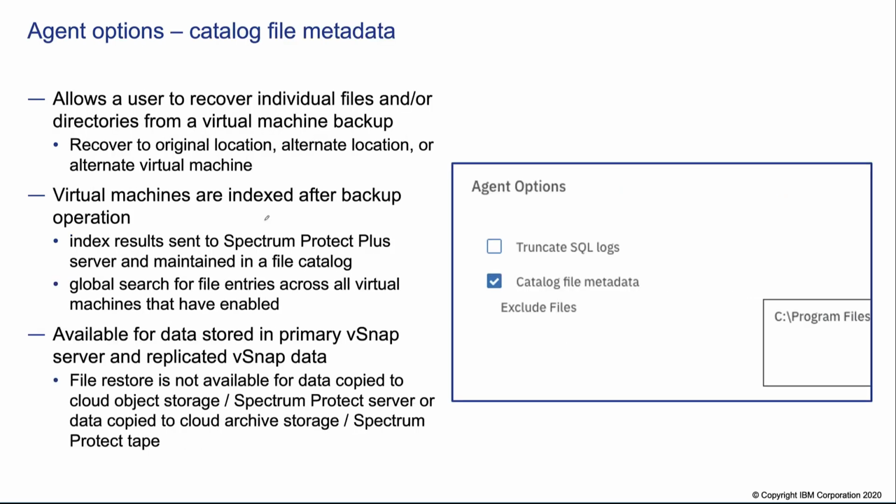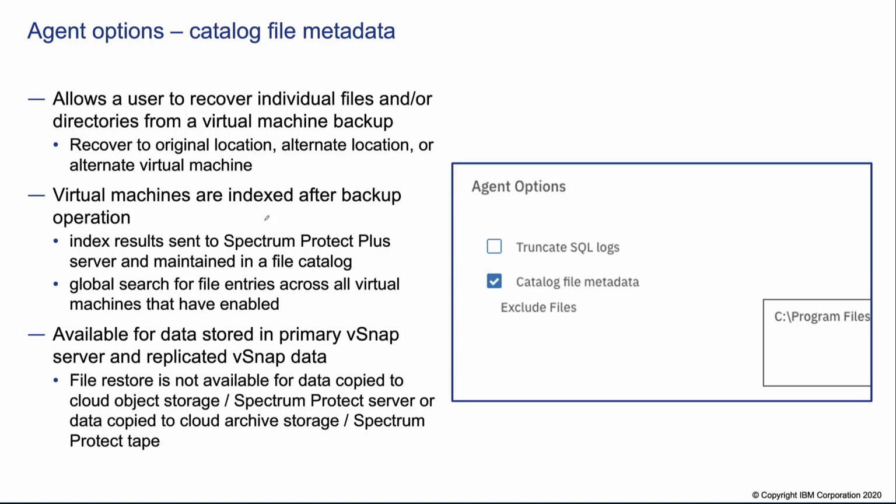Okay, I talked to you a little bit about cataloging the file metadata or creating an index. What this is going to do is create a global index of all the files that are on that virtual machine so that you can do a global search across the virtual machines that are indexed. And I'll show you an example of that in a second.